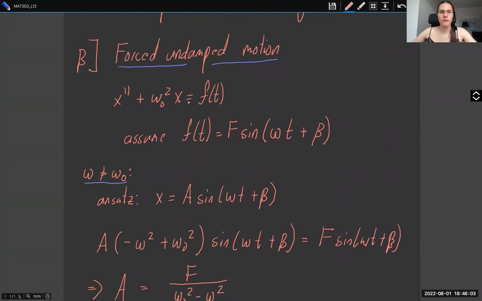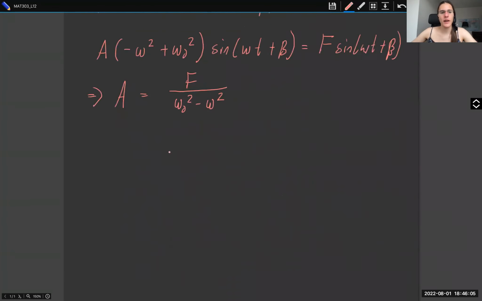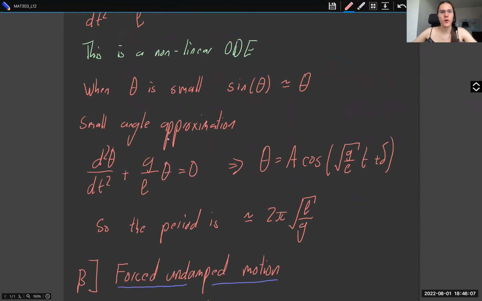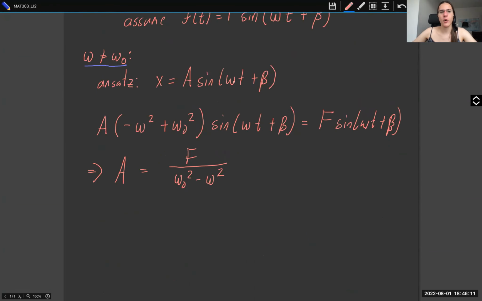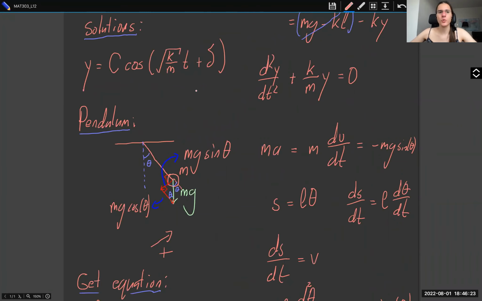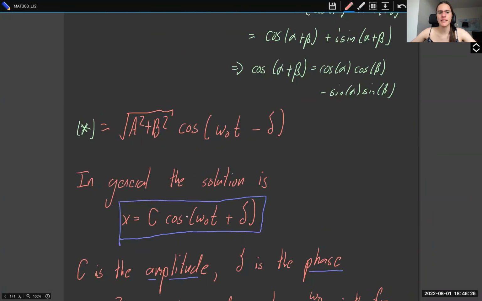And now if we look at the solutions to the homogeneous equation, they were cosine omega t. I guess I've done something inconsistent. I could have also chosen to make this cosine be a sine.